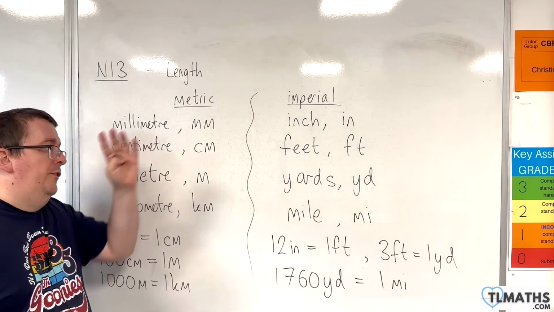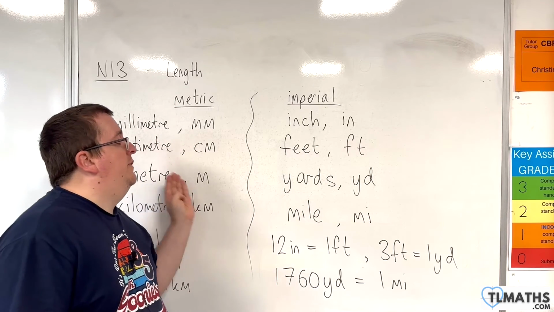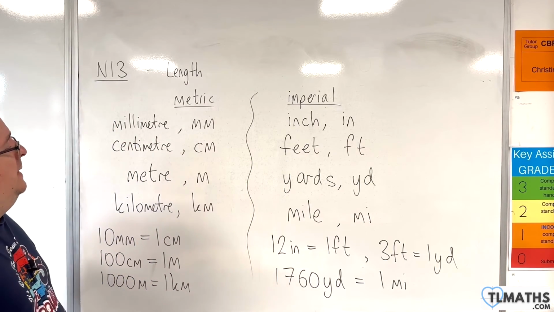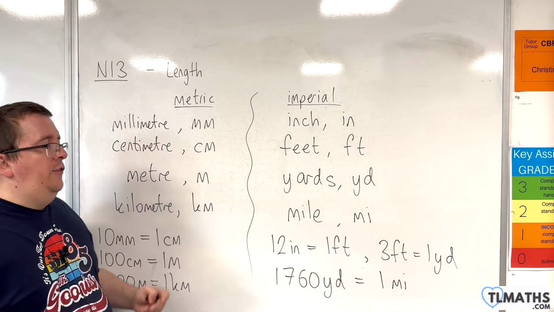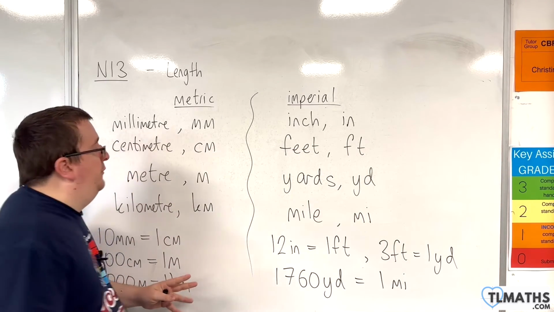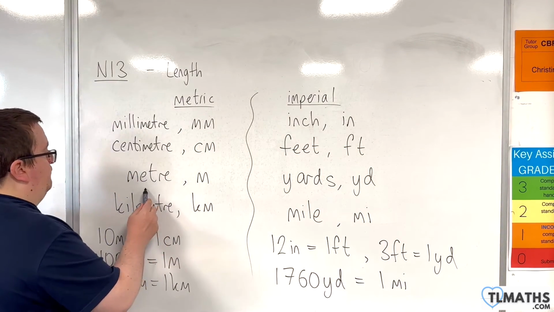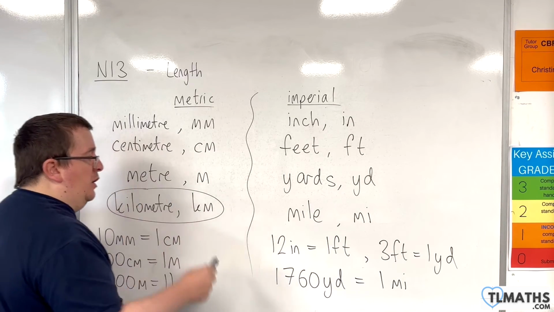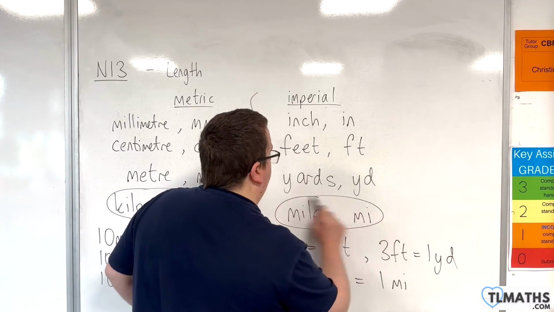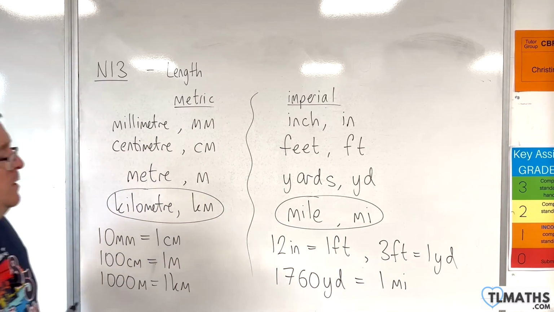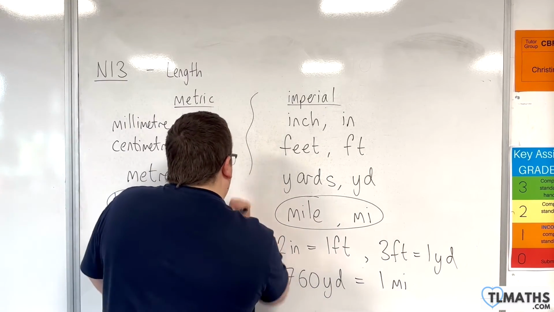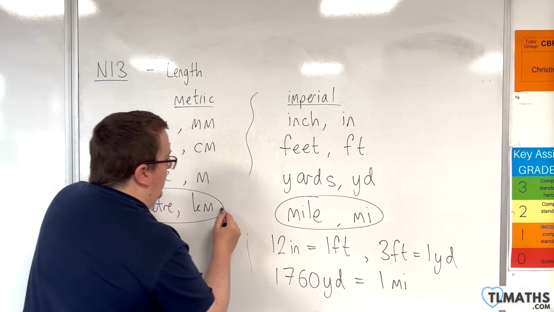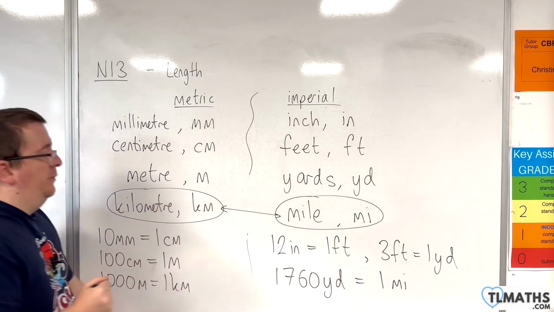Now, obviously, we're also interested in how do you convert from metric to imperial. Well, the one that gets used probably the most, I would say, and the one that we kind of remember, is going from kilometres to miles. So how do we convert from kilometres to miles?